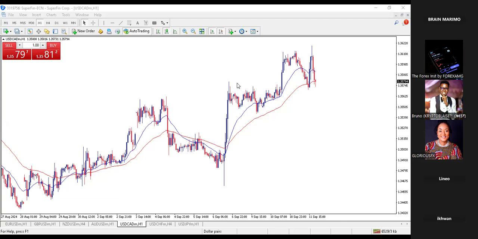I think we need to just go over lot sizes quickly, to make sure that we understand. Let's keep it simple. 0.01.